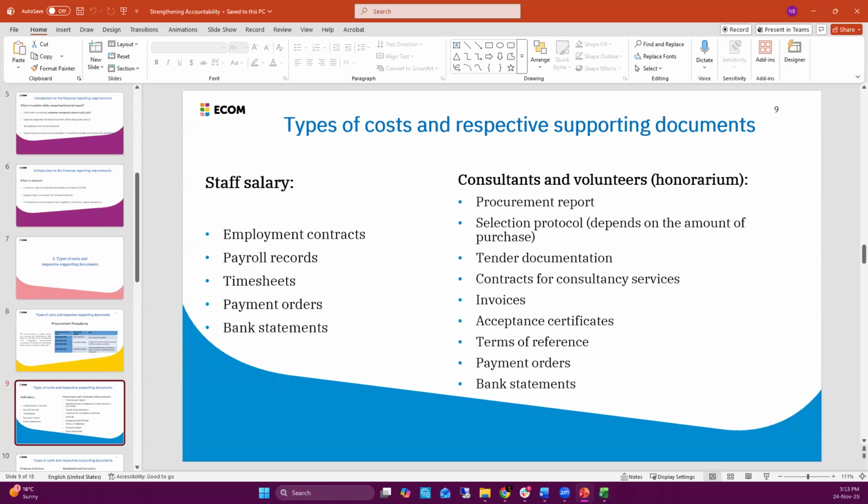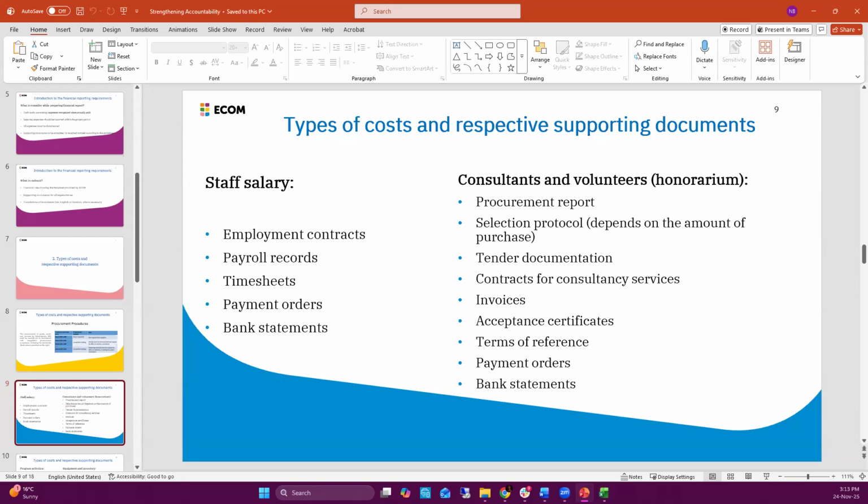So, employment contract shows the person is officially engaged in the project. Payroll records, this is a document confirming salary and taxes amounts and the calculation of the salaries generally. Timesheet, this is a document showing the actual working hours, considering the involvement percentage, which normally you have in your budget.